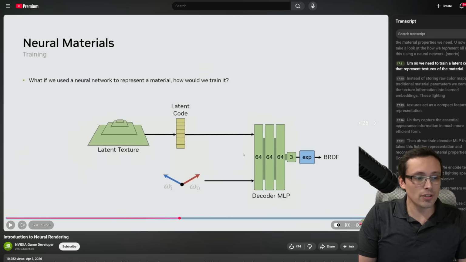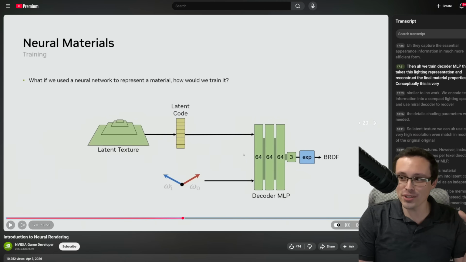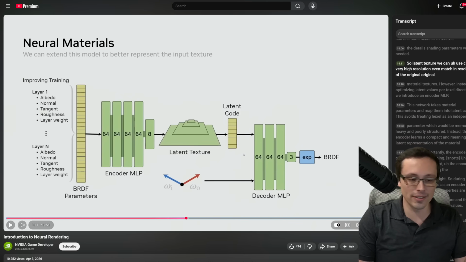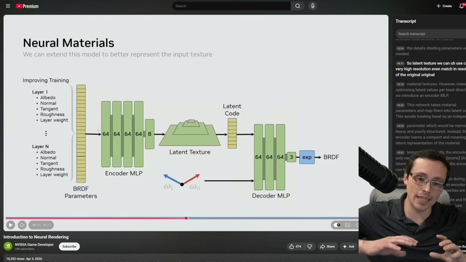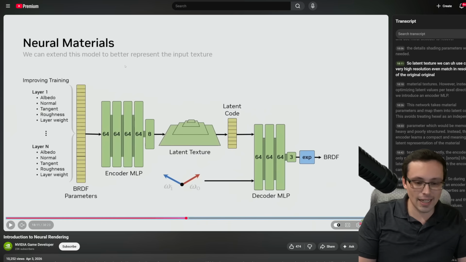But their neural technique stores it as latent code, and then you do a training algorithm. The training algorithm does take a lot of work, but it's in training. It's not happening during the actual render of the game in the game engine. So that's the idea on this.